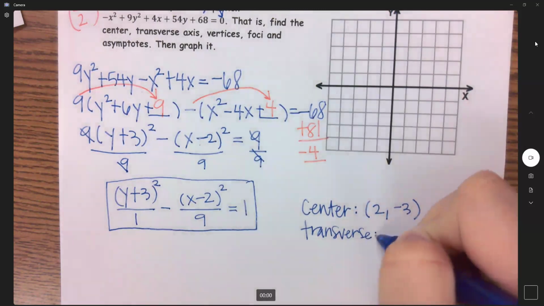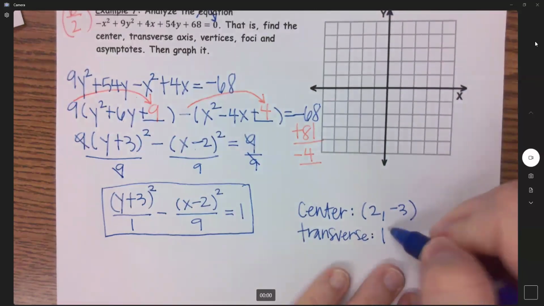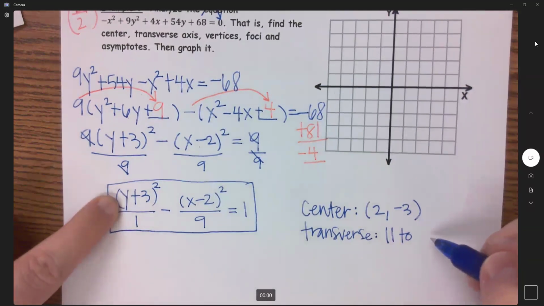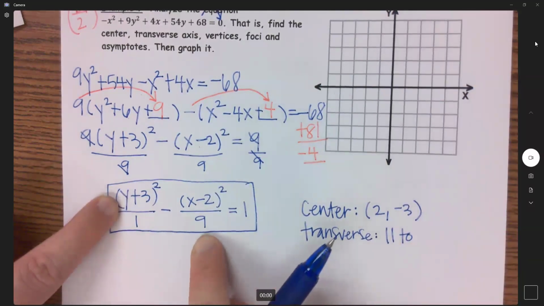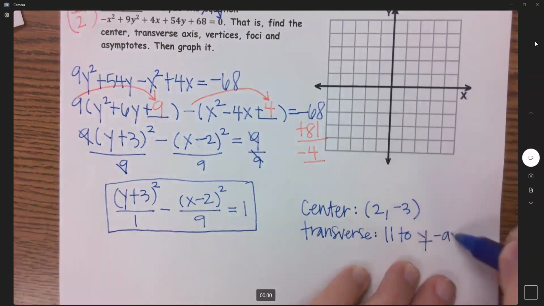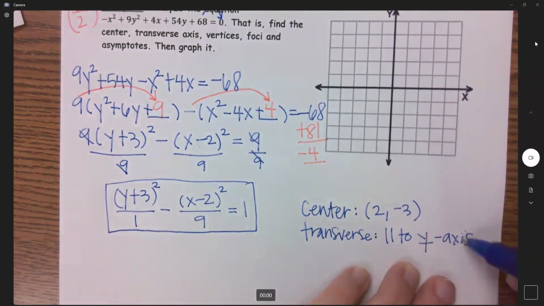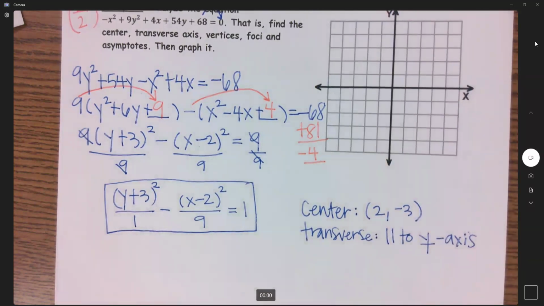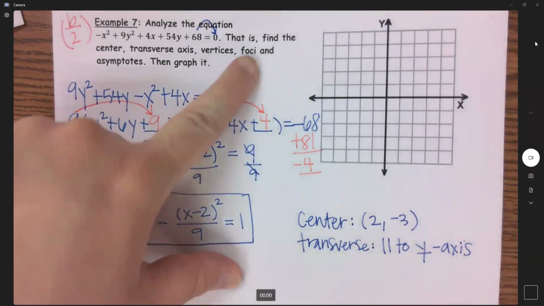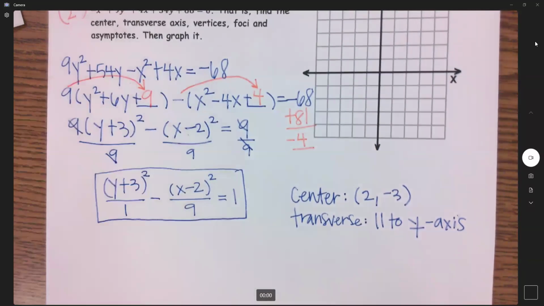What is my transverse axis? It is parallel to, because my y is first, it doesn't matter that x has a bigger number under it, because my y is first, it is parallel to the y-axis. Okay, now I need my vertices, foci, and asymptotes.